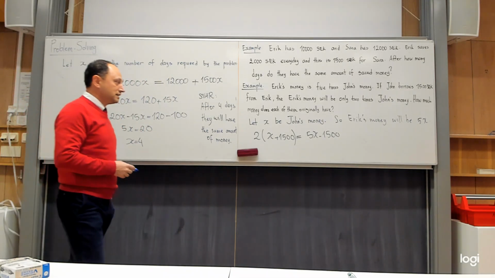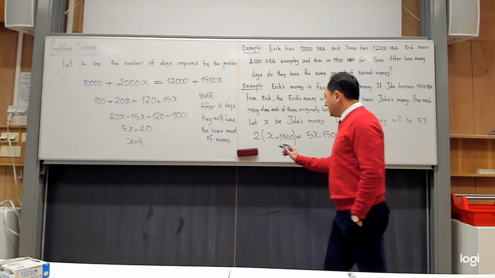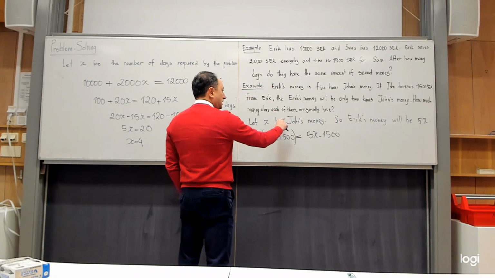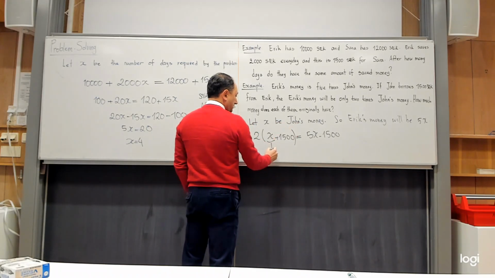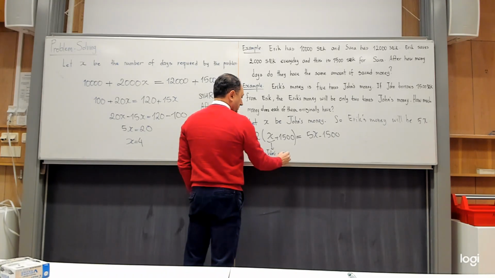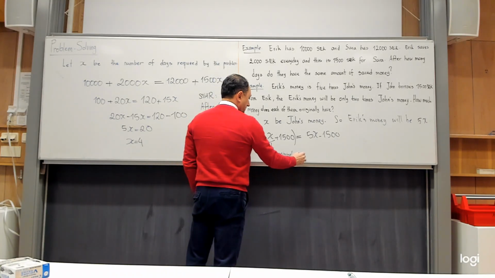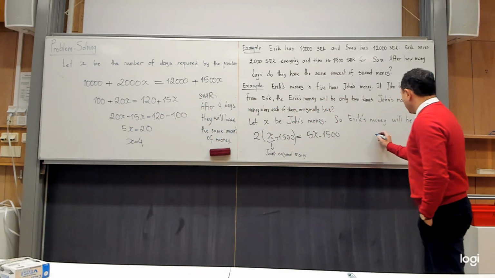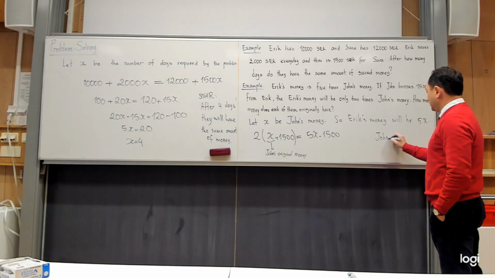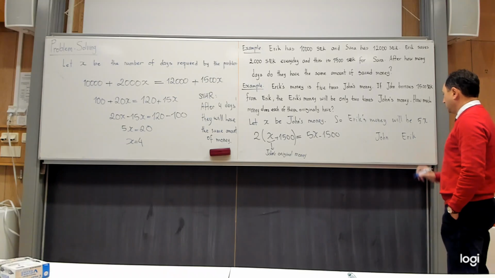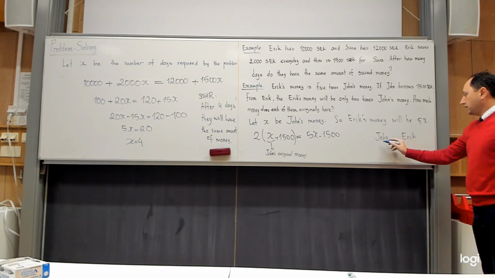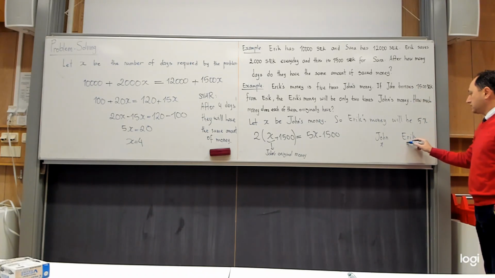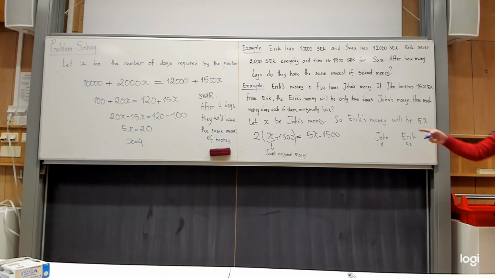Yes, let me just again tell you what happens. According to Ali, this is John's original money. Here is John and here is Eric. If John's money at the time being is X, according to the problem, Eric's money is 5X, 5 times larger.